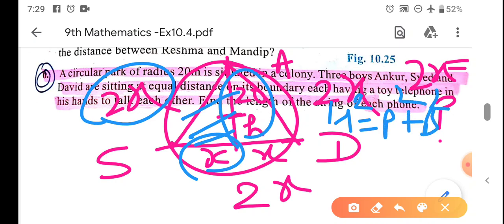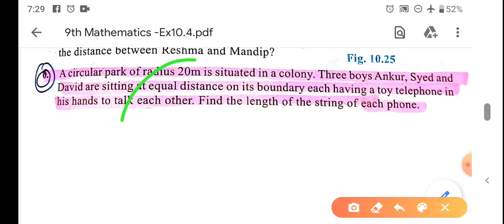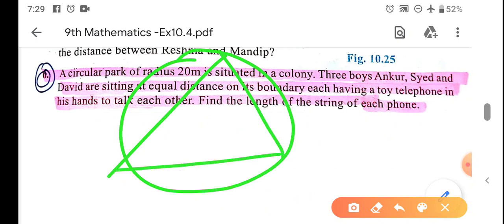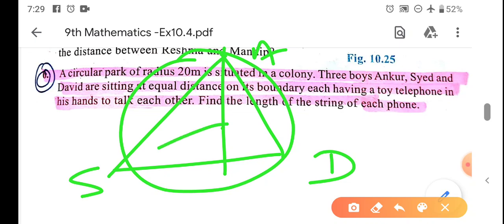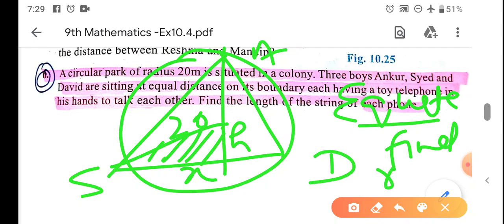And next time when you draw the diagram, there are 3 friends, Ankur, Syed, David. Then in this triangle you use the Pythagoras theorem. Again the radius is 20, this is h, this is x. So in 2 triangles you have to use the Pythagoras theorem. Then you equate and find x and h.